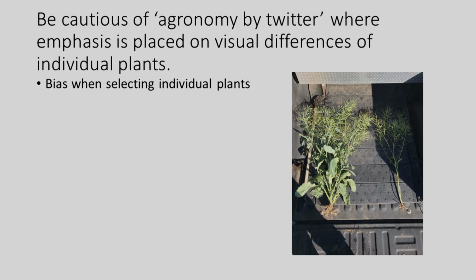The other thing to keep in mind is that there's always bias, right? If you walk out in the field and select a couple of plants just as a visual comparison to show people, or if someone does that to show you, there's going to be bias.